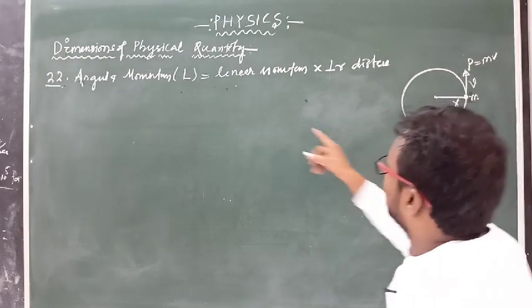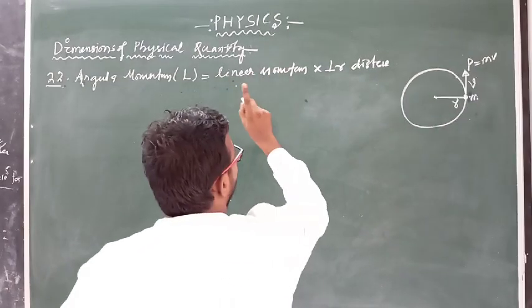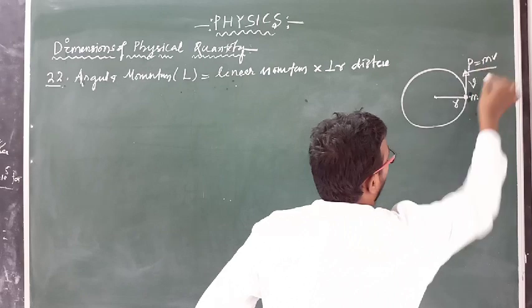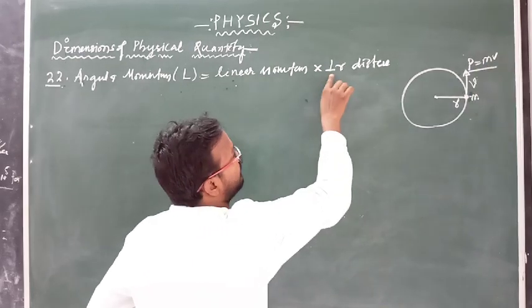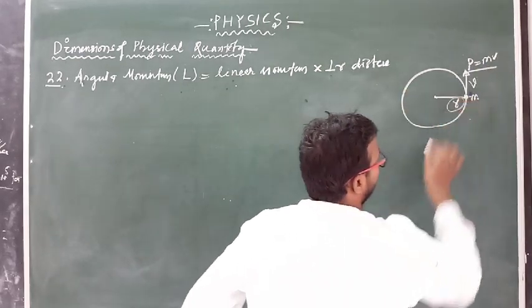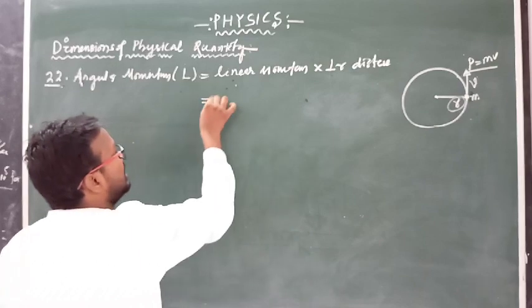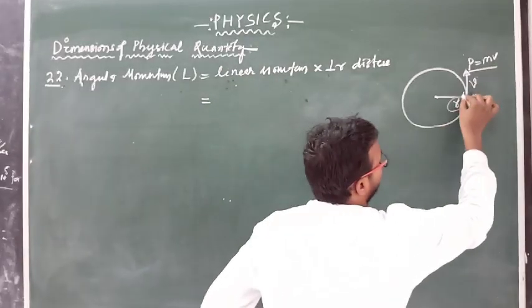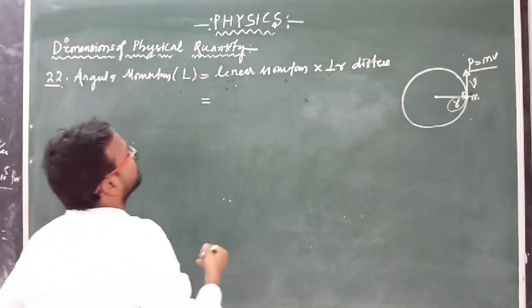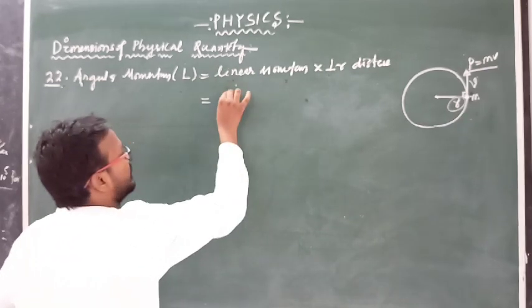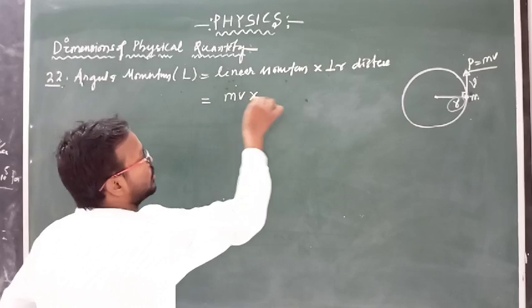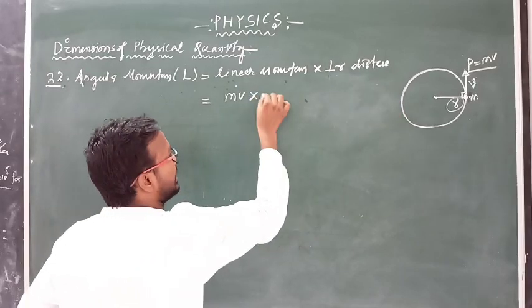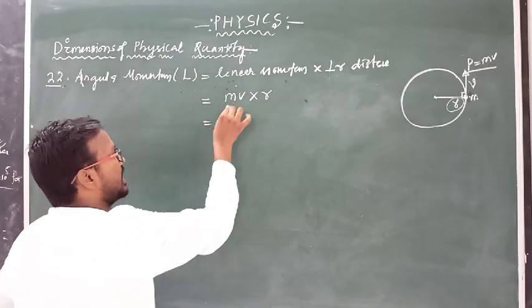Clear? Here we have to find angular momentum: linear momentum p equal to mv, with perpendicular distance, meaning this radius. So you can write linear momentum into perpendicular distance. This distance is perpendicular here, so we can write mv into the perpendicular distance, which is r.